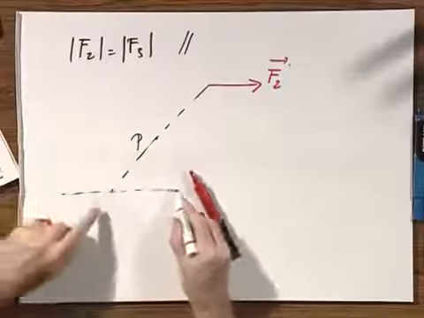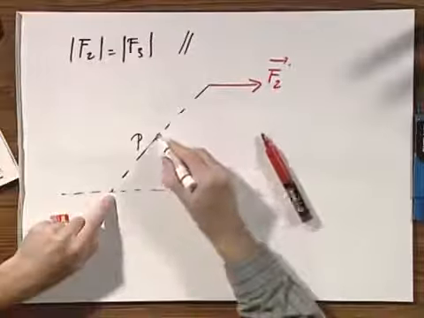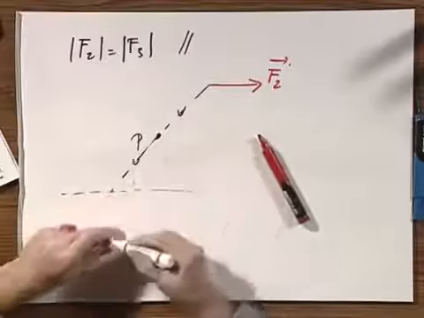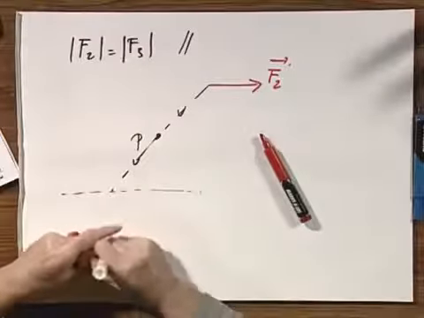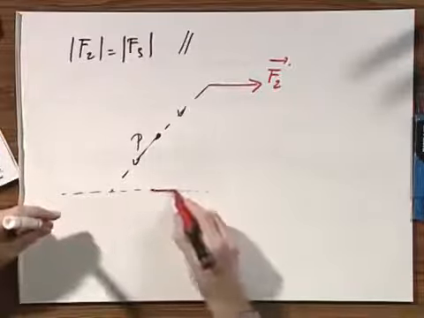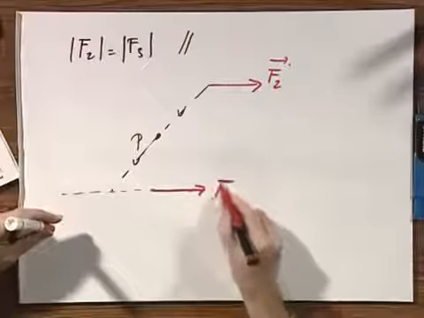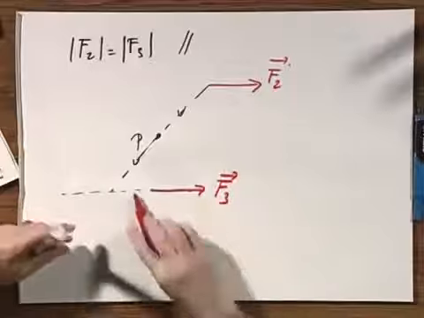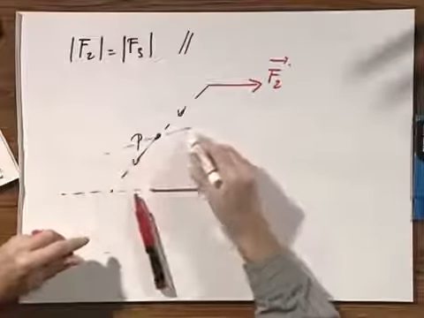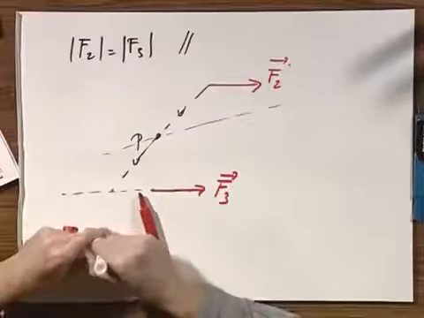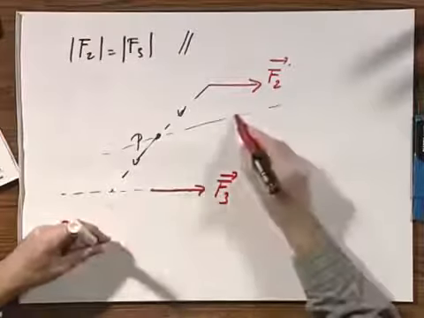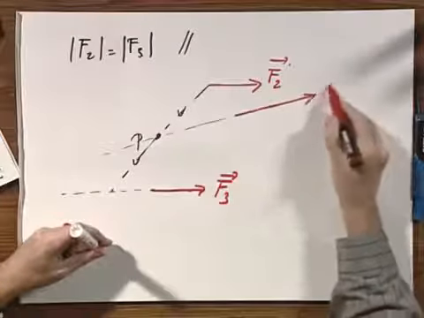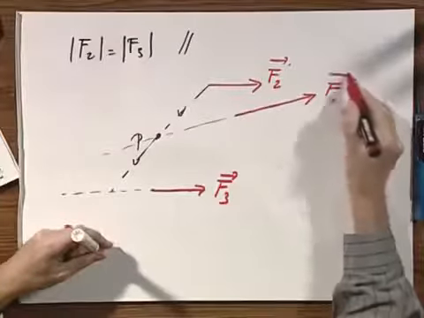It doesn't have to be exactly going through this point. By the way, this distance is the same as this distance. I could have a force here, F3, same in magnitude. And just to make it even a little bit more complicated, why don't I also have a force whereby the working line goes straight through point P?